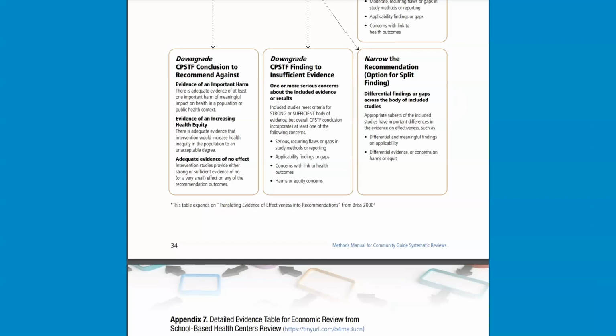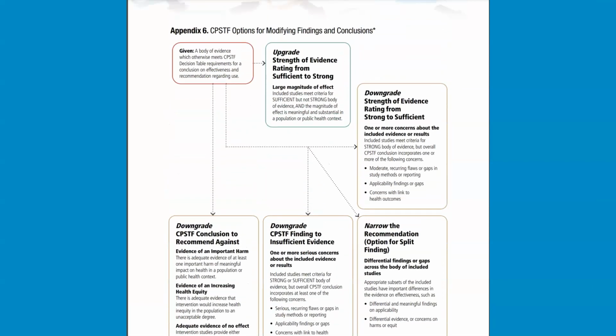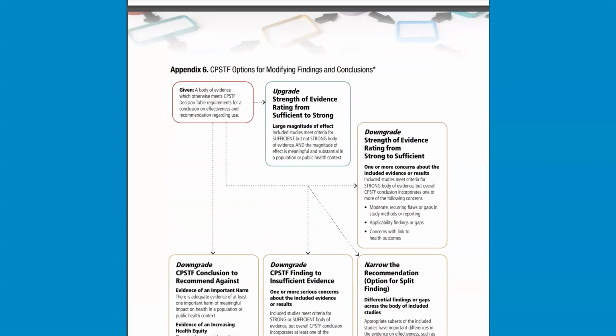And this is another kind of figure, a decision tree, where there's a body of evidence which otherwise meets CPSTF decision table requirements for conclusion on effectiveness and recommendation regarding use. So then you upgrade based on strength of evidence rating from sufficient to strong.